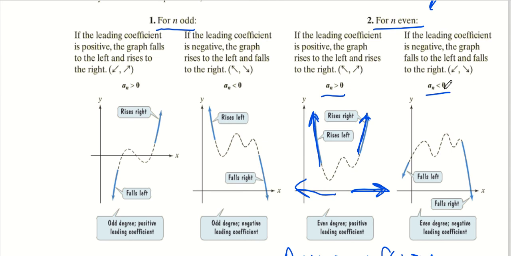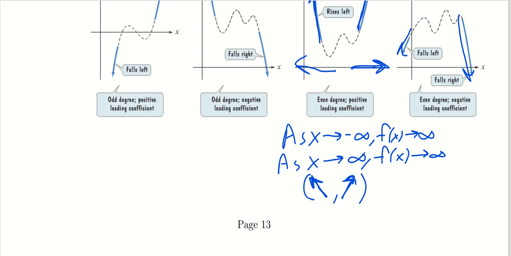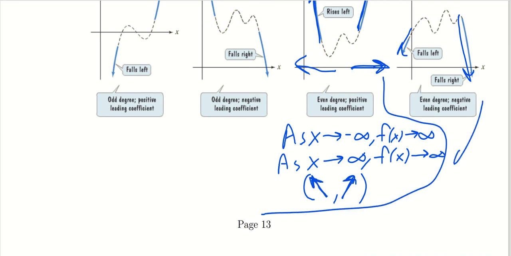On the other hand, if the leading coefficient is less than 0, in other words, if it's negative when the leading exponent is even, then the graph is going to fall to the left, and it's also going to fall to the right. So for that one, we would say that as x approaches negative infinity, so if we look at really far out here to the left, if we keep going out and out to the left, we see the function is going to go down and down and down, and f of x will approach negative infinity.